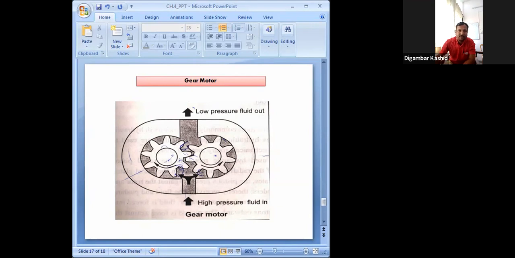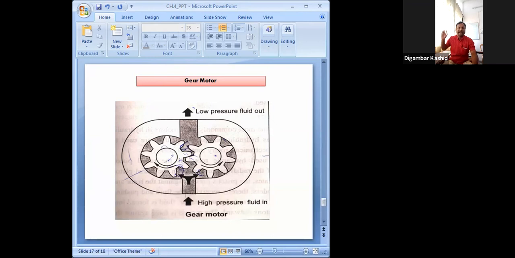Okay, the first gear is rotating in clockwise direction, and this second one is rotating anti-clockwise. So due to that the rotational motion is going to be produced at the output shaft of this gear motor, and fluid will go out from this port.